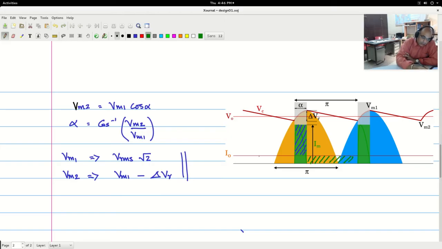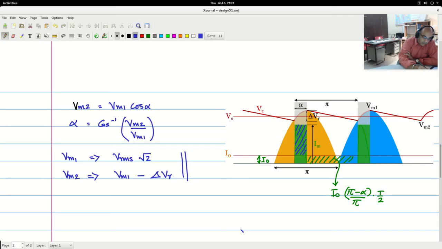So we know that this is I0, and therefore this would be I0 into (pi minus alpha) by pi into T by 2. That is that area.